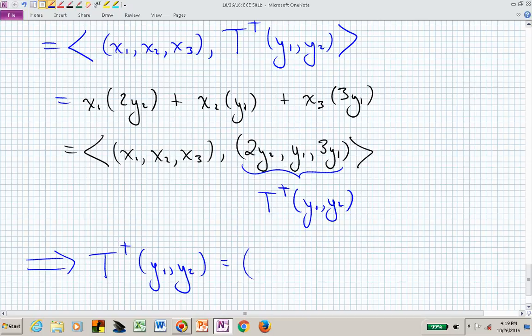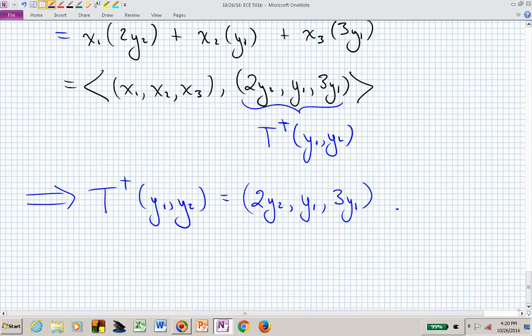It takes y1, y2 and maps that to 2y sub 2 in the first coordinate, y sub 1 in the second coordinate, and 3y sub 1 in the third coordinate. And that's now the linear map of the adjoint.